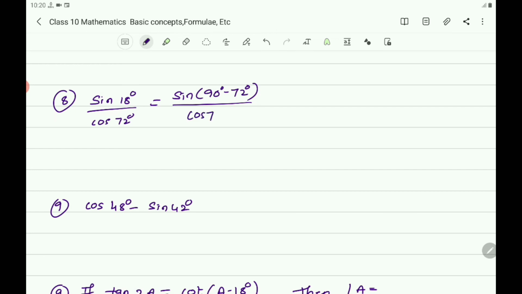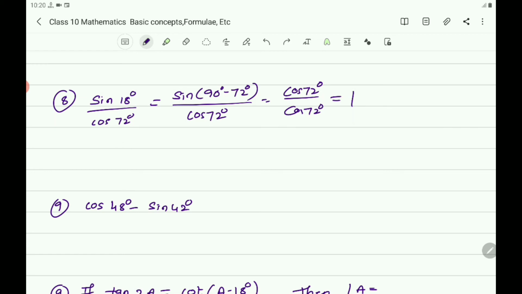That is equals to what? Cos 72 degree. What is that? Cos 72 degree by cos 72 degree equals what? 1.